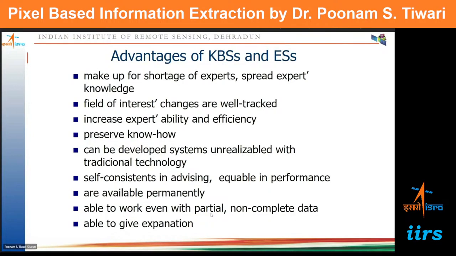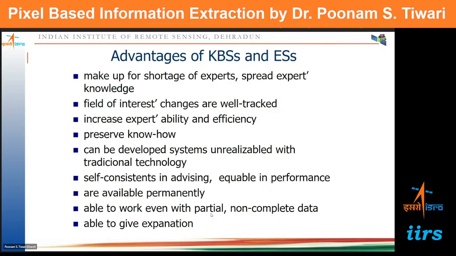Now, what is the advantage of expert systems or knowledge-based systems? It makes up for the shortage of experts. It spreads the experts' knowledge. Changes in the field of interest are well tracked. So it increases the expert's ability and efficiency. It preserves the know-how, meaning the classification is not just based on statistical parameters, it is based on actual logic also.